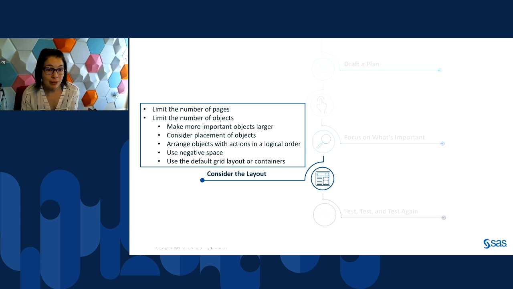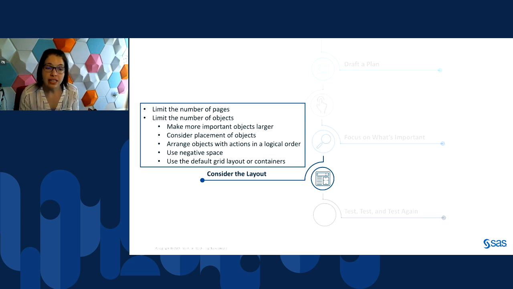As we build our report, we want to think about how we're going to lay the report objects out on the screen. We'll want to limit the number of pages used in the report, limit the number of objects, make important objects larger, consider their placement, and arrange objects with actions in a logical order.